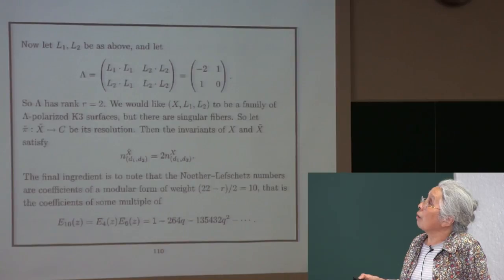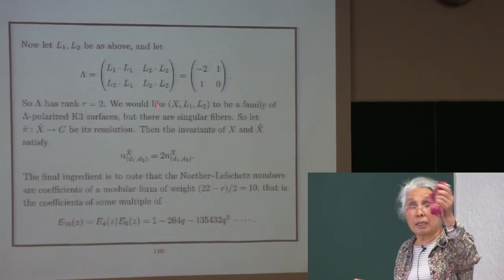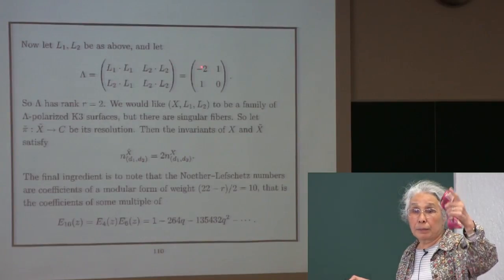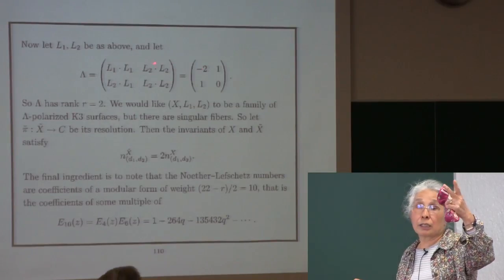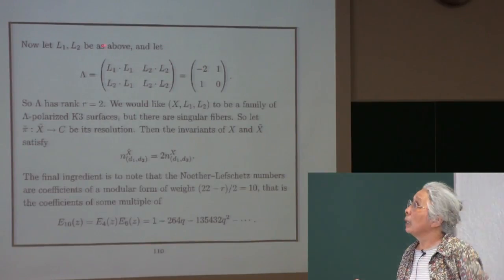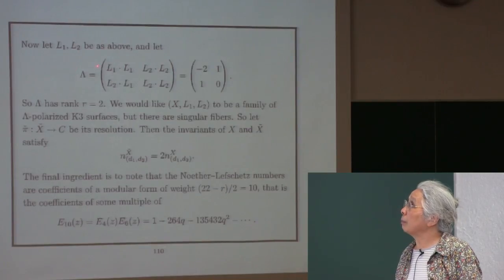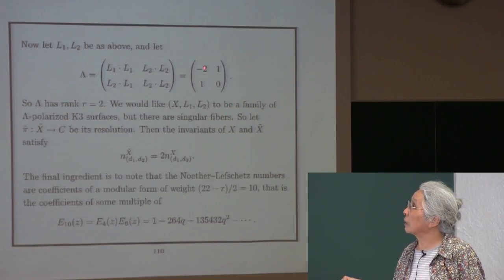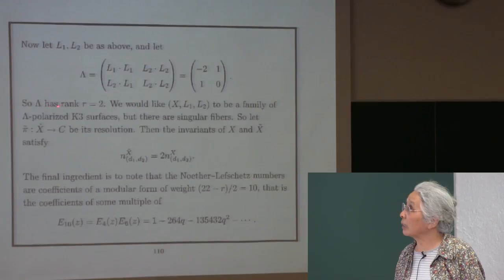Now L1 and L2 are the line bundles I defined above, the two generators of the Picard group. So I choose lambda to be the intersection matrix of L1, L2, so that's what you get. That has rank 2; this is the rank 2 lattice.